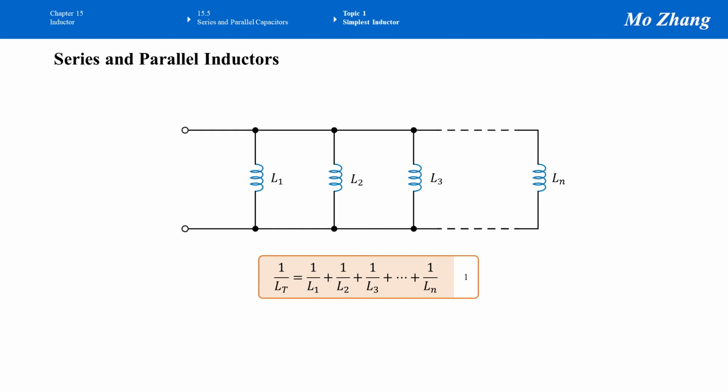And this formula is not new. It's similar to finding the total resistance of an n parallel resistor circuit. That formula, the reciprocal formula. So 1 over Lt equals the reciprocal of every inductor, and then add them up.